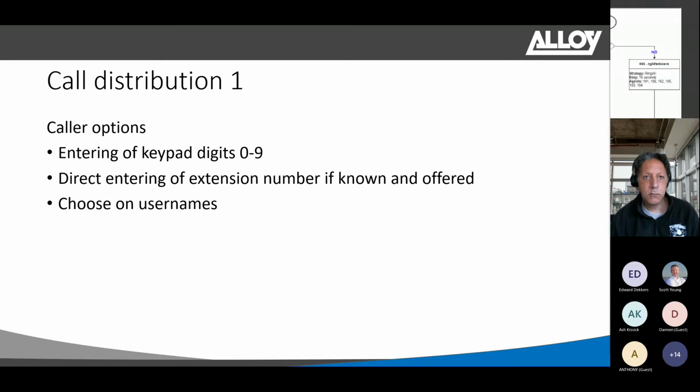They can also dial usernames if that is offered. So for example, you start entering the name of the person you want to reach by entering the name on the keypad, and then the IVR will offer you the names of the people you are looking for. We don't look into that because I think that is something we would have to look deeper into on a separate lesson.